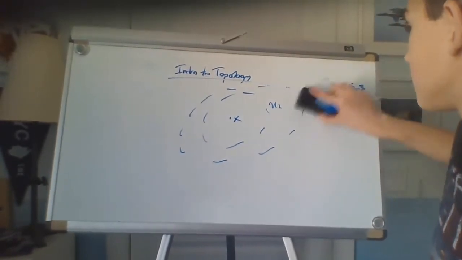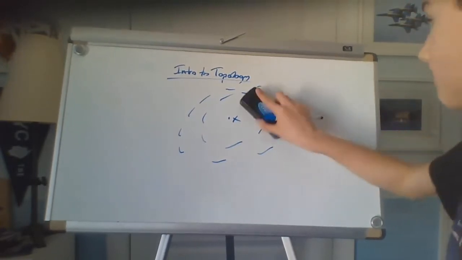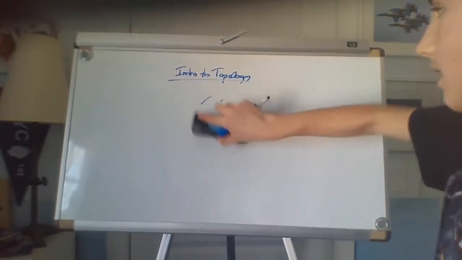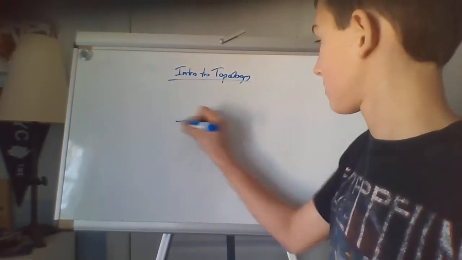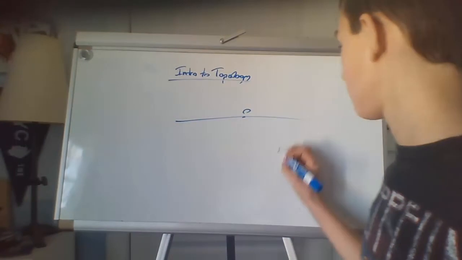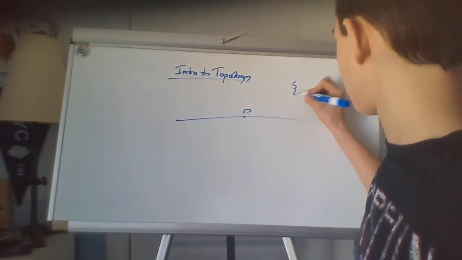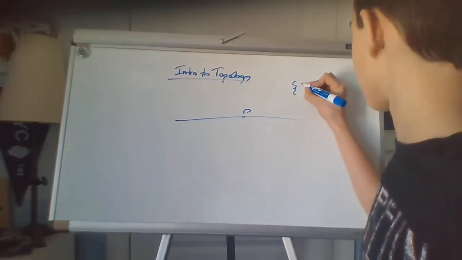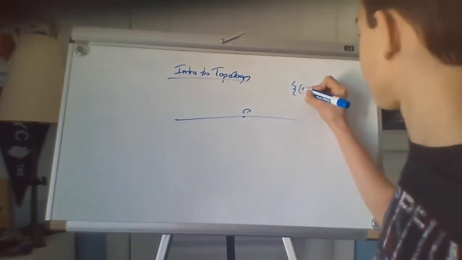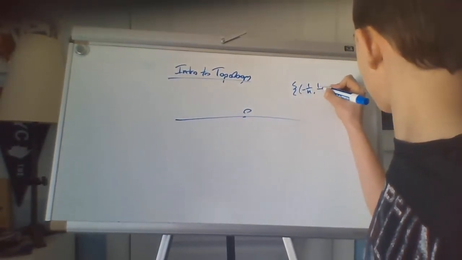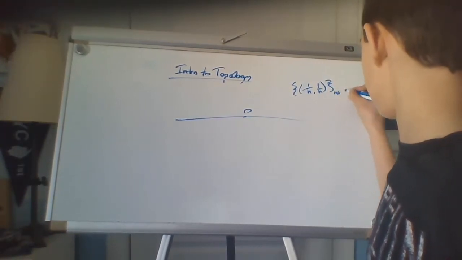So, to make this more concrete, allow me to show you another example of this. I'll take the real line, centered at 0. So take the sequence of intervals of minus 1 over n to 1 over n, with n in the natural numbers.